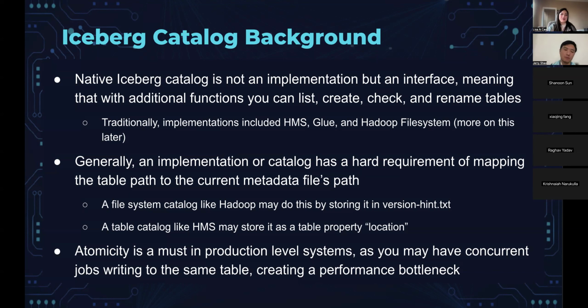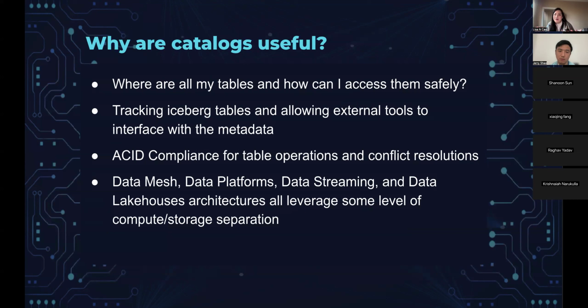And so if you're working with many concurrent jobs at once, you can create a performance bottleneck here if you're working at a really large scale production level system. That's why I think Rust has become so trendy, just because it works with a lot of these concurrent systems really well. So why is a catalog useful? It can tell us some really great information, including what your tables are, where you're storing them, and how you access them, right?